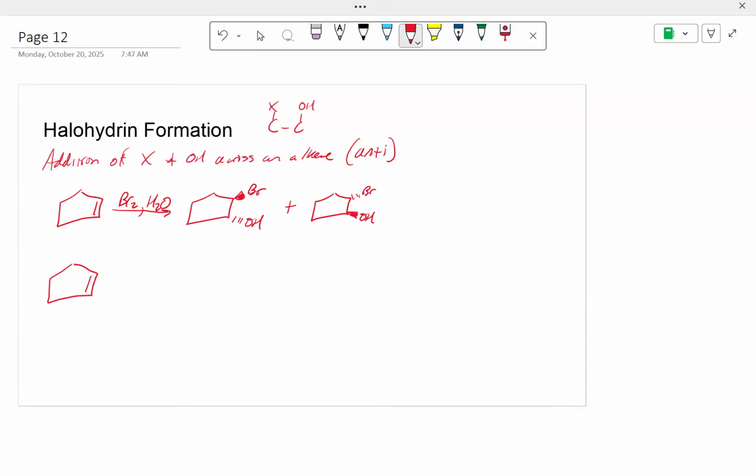So the first step is the same. One of the bromines will make a bond to one side of the double bond. We'll use these pi electrons to make a bond with the bromine and kick off this one. So we get the same intermediate, this bromonium ion bridge.